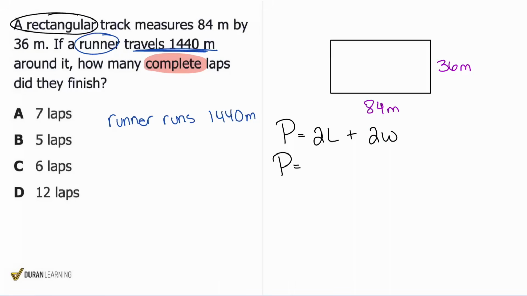Let's just see what that perimeter is going to be. If we double the 84 and we double the 36, everybody, what's double 84? What's that going to give us? That'll be 168. And then when we double 36, everybody, what is 2 times 36 going to be?